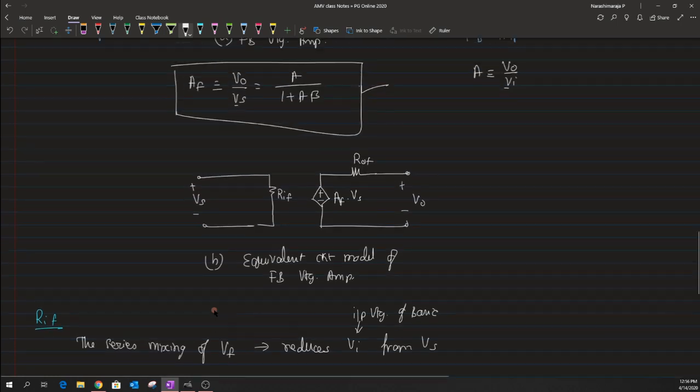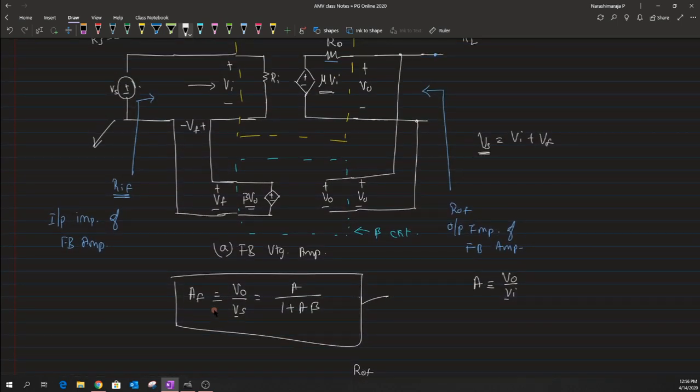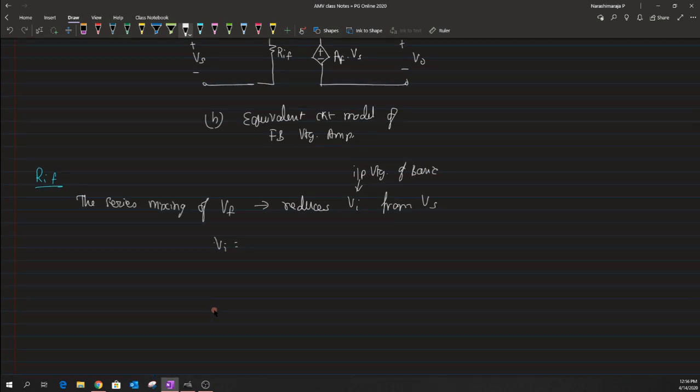and the way you can compute it is by analyzing this. Through this particular analysis, one could write the value of Vi with respect to the source voltage Vs something like this. Okay.